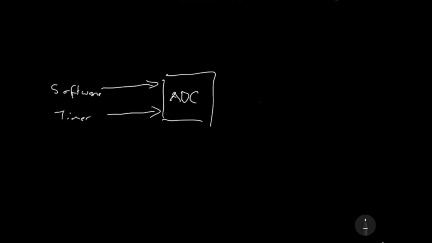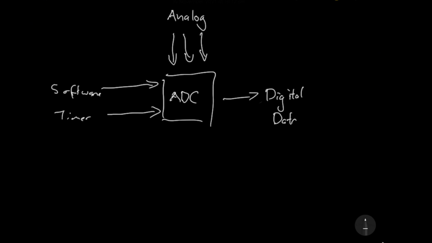Coming into this ADC, we've also got a bunch of different analog channels. And then coming out of that, we're going to have our digital data. So that's kind of our approach.